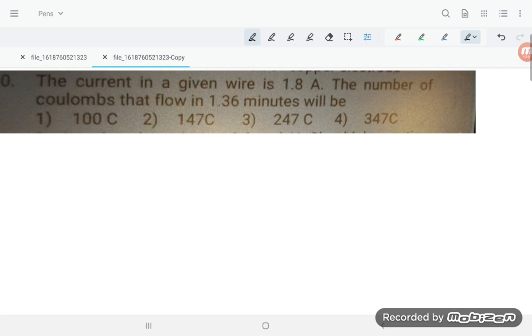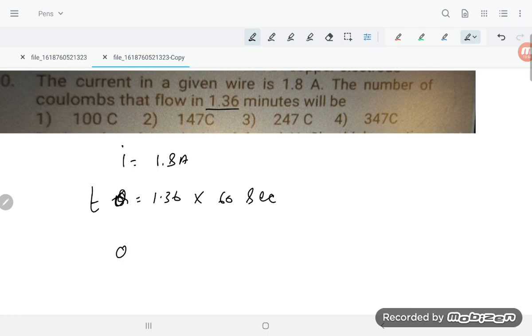The current in the wire is 1.8, so I is equal to 1.8 ampere. The number of coulombs that flow, they are asking, in the time they have given, 1.36 into 60 seconds.